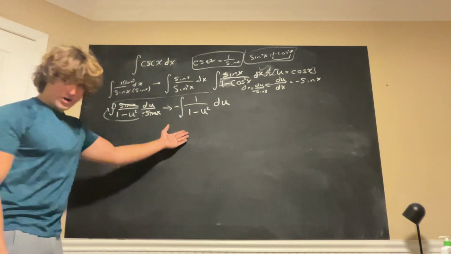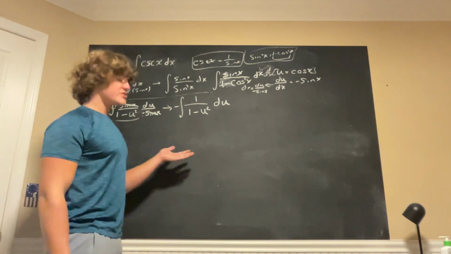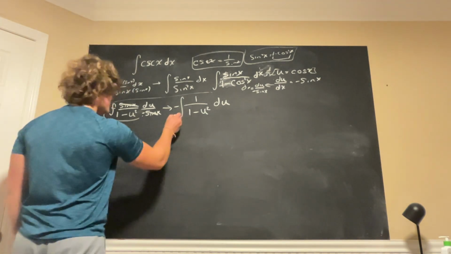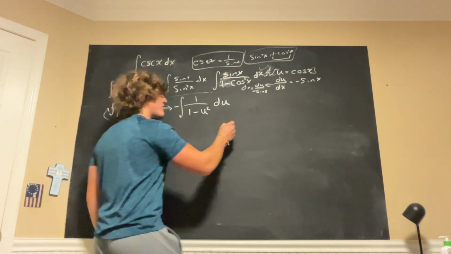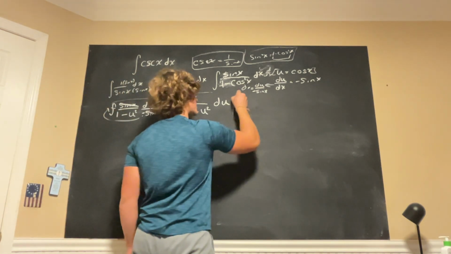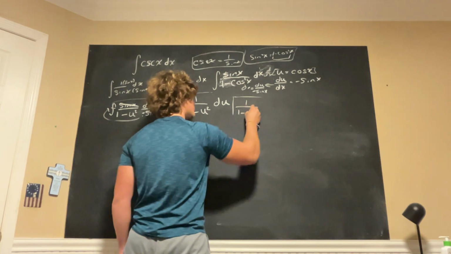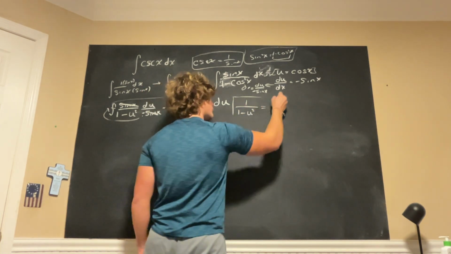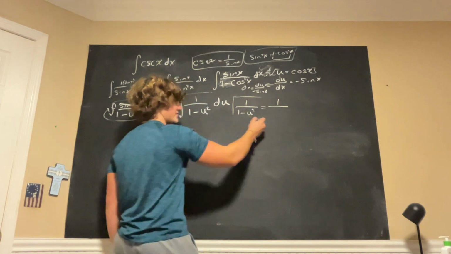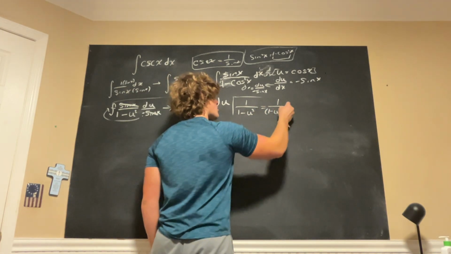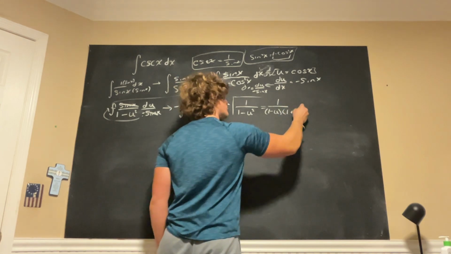This is a much more workable integral now. We just need to do a partial fraction decomposition. So we can write this off to the side. We have 1 over 1 minus u squared is equal to 1 over, factoring this, it is the difference of two squares, so this is 1 minus u times 1 plus u.